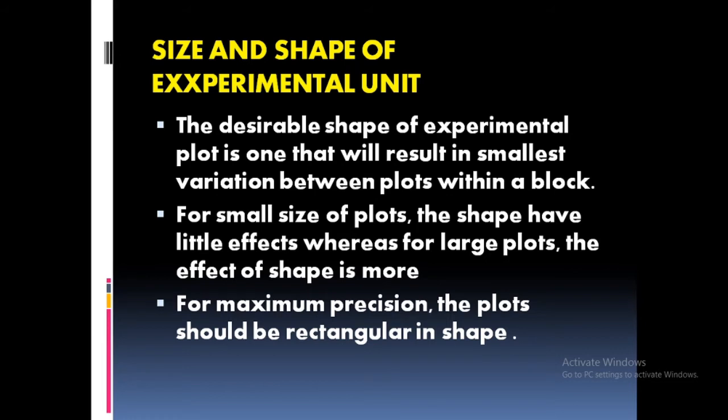The size should not be very large and not too small. With a moderate size, the shape has little effect, whereas for a large plot the effect of shape is more. For maximum precision, the plot should be rectangular in shape.